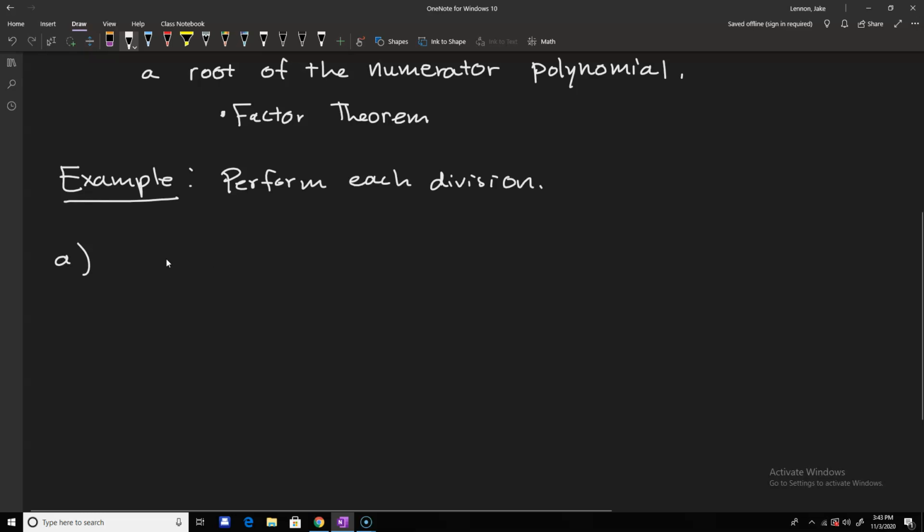So A, we want to do 2x cubed minus 7x squared plus 5, or we'll say divided by, sometimes we'll put these in parentheses. There's a variety of ways that this can be written, but divided by x minus 3.